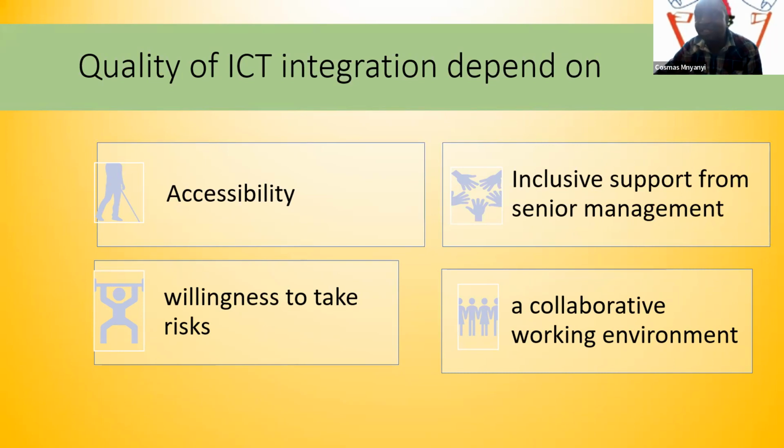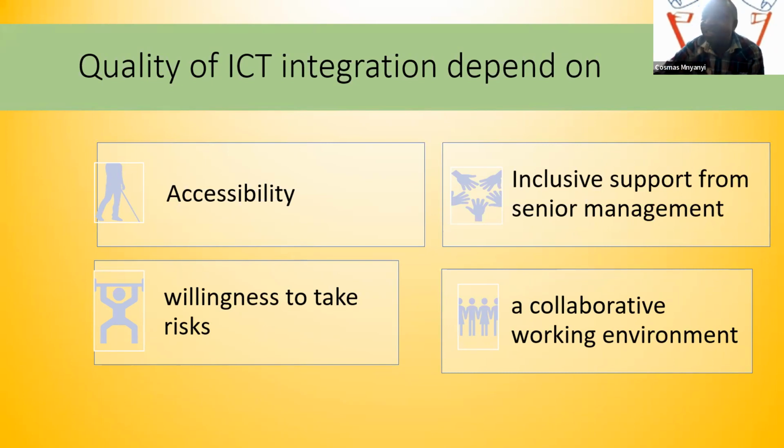When we are talking about quality of ICT integration, I have taken four things. First, accessibility. Is it accessible? To whom and how? There must be willingness to take risks. For example, we want to teach the blind. Are we ready? Yes, let us try.